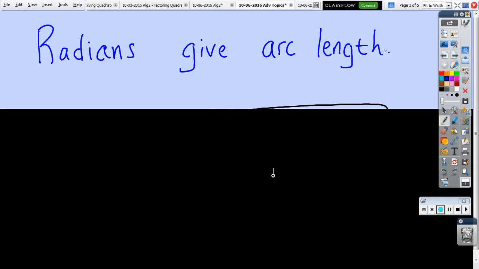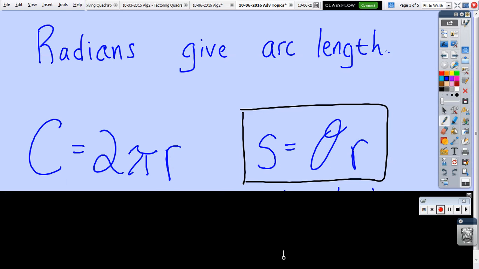So piece by piece, if you wanted to find the arc length of a whole circle, we use 2 pi r. 2 pi radians would be the central angle measure of a whole circle.